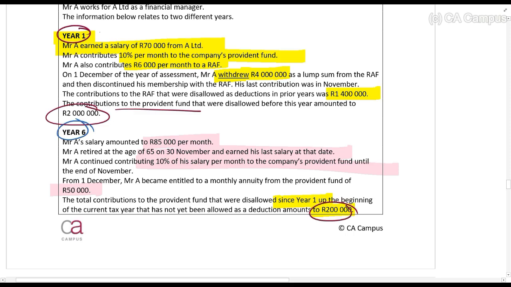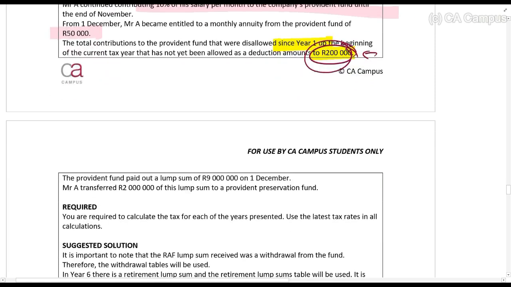So from year 1 to year 6, the total amount that has been disallowed since then is 200,000. So in total it was 2 million plus the 200,000. This is important because you've already taken the 2 million into account in year 1. So this is just to allow you to use the movement in year 6, as you'll see. The Provident Fund paid out a lump sum of 9 million, and he transferred 2 million of this to the lump sum for the Provident Fund.